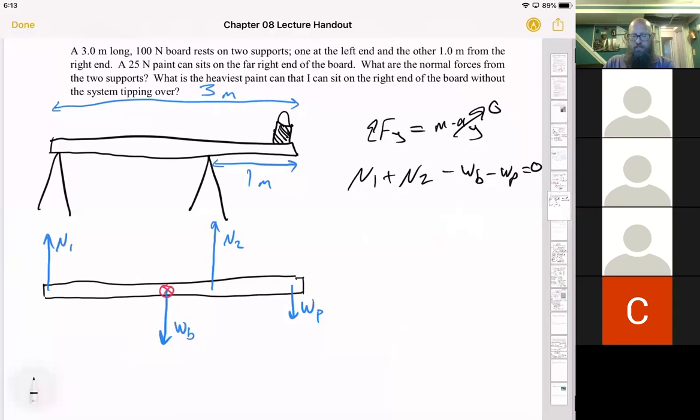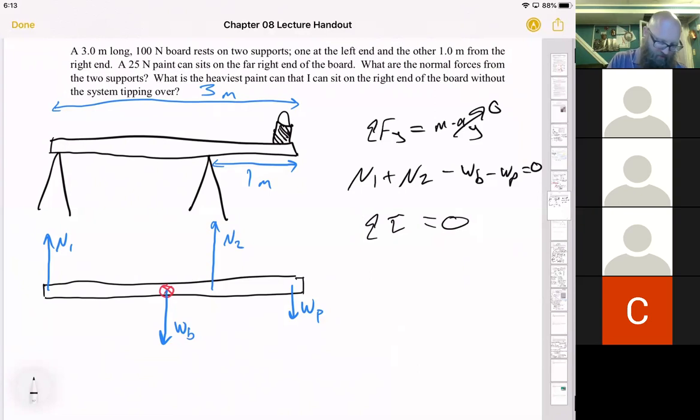But that's two things I don't know in one equation. And typically when we see this situation, we say, all right, let's use the other direction. Well, in the x direction, I get 0 equals 0, which doesn't help me at all. So what I'm going to do is do sum of the torques equals 0.